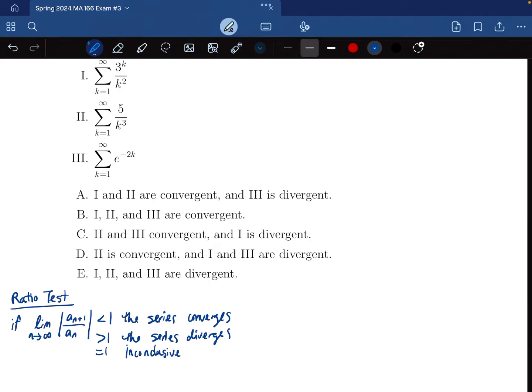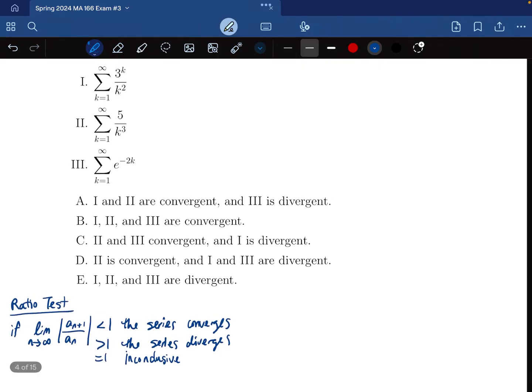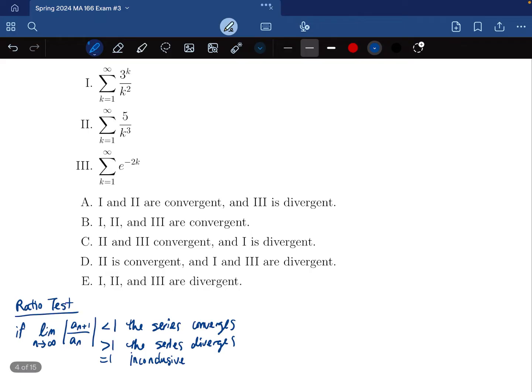Okay, so the reason I say that the ratio test is a good option for the first series is because we have this constant to the power of k in the numerator. So I'm going to apply the ratio test right now. The limit as k approaches infinity of, if I take the ratio of the a_(k+1) term and the a_k term, I get 3 to the power of k plus 1 times k squared divided by 3 to the power of k times (k plus 1) squared.